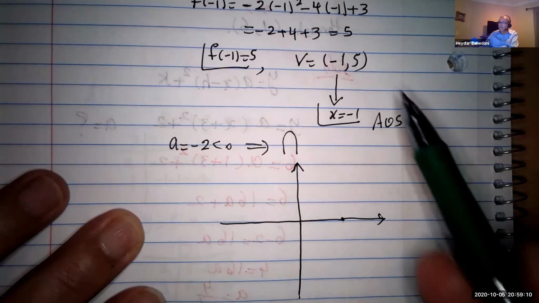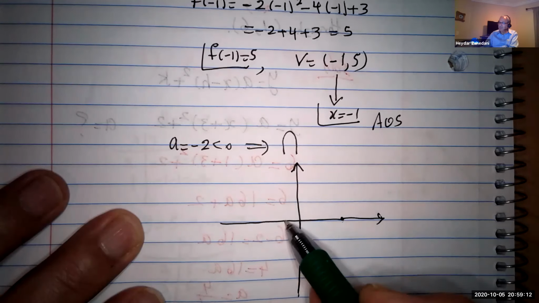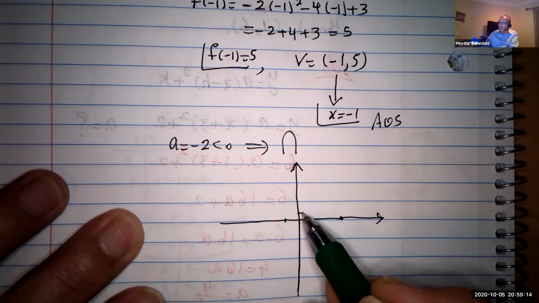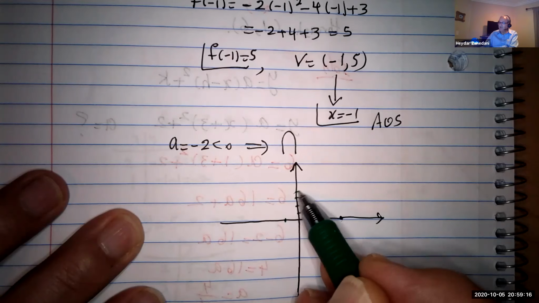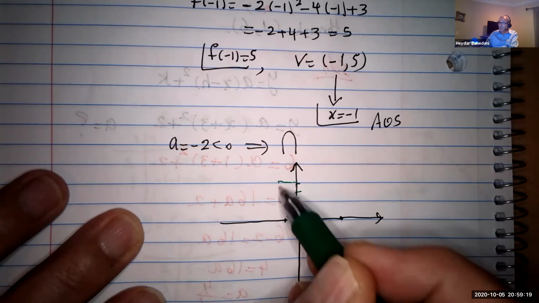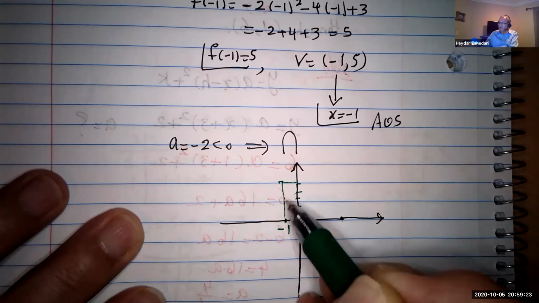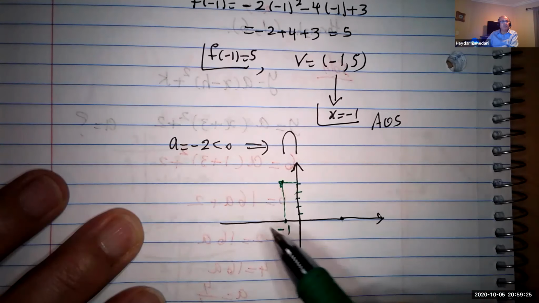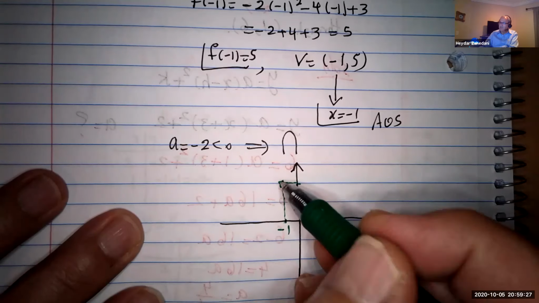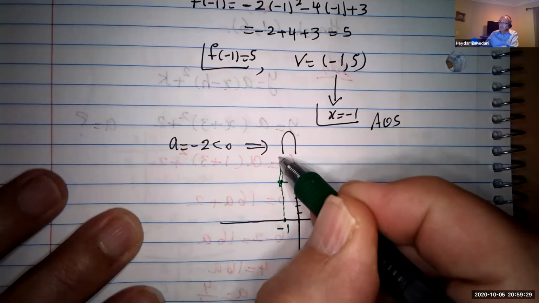Negative 1, 5, 1, 2, 3, 4, 5. Okay, this is going to be the vertex. Graph is going to be curving down. So that's a mirror.